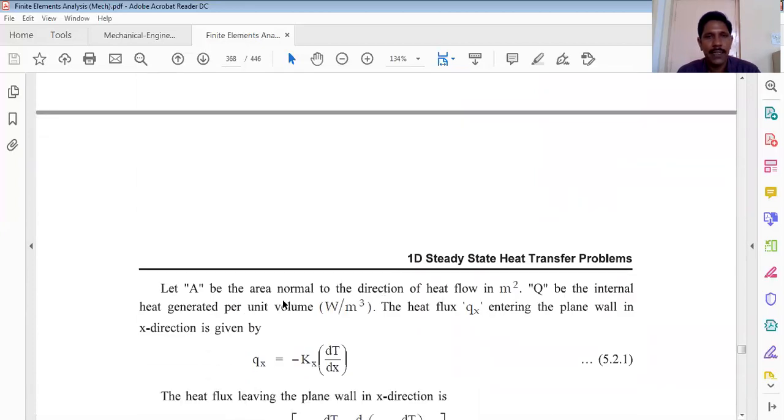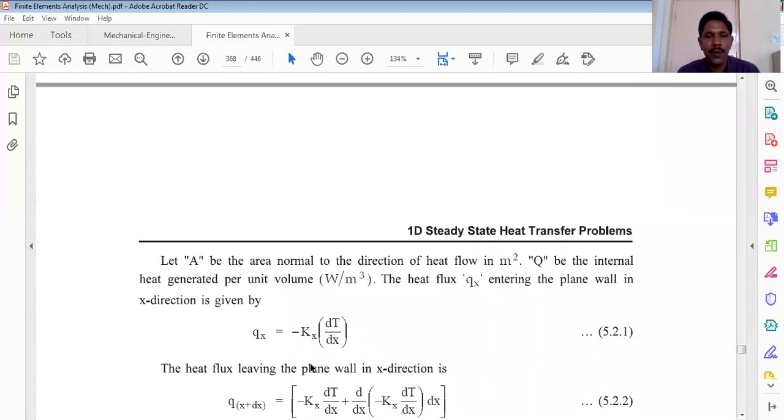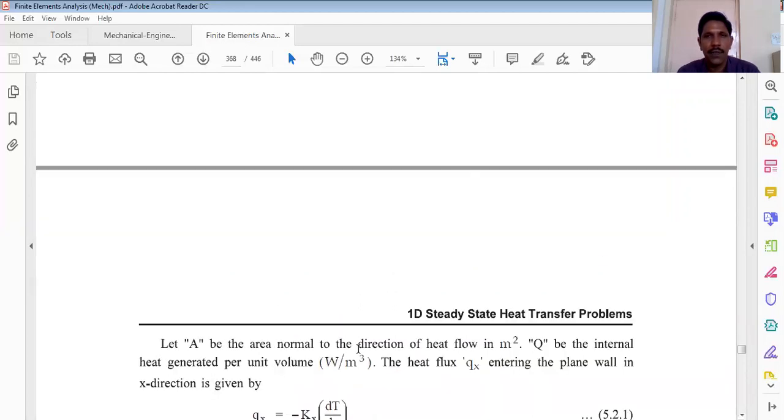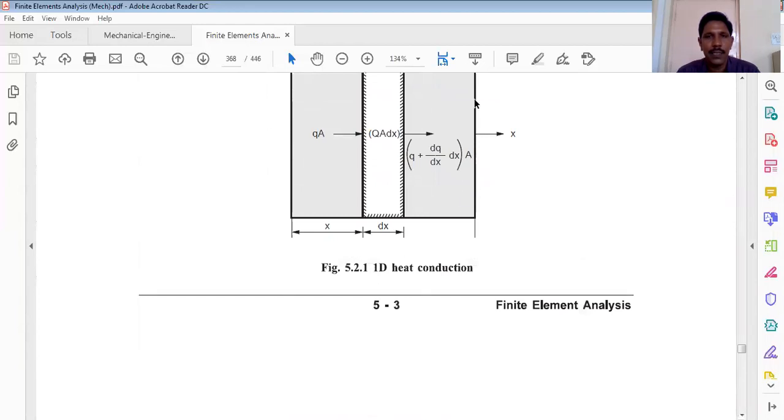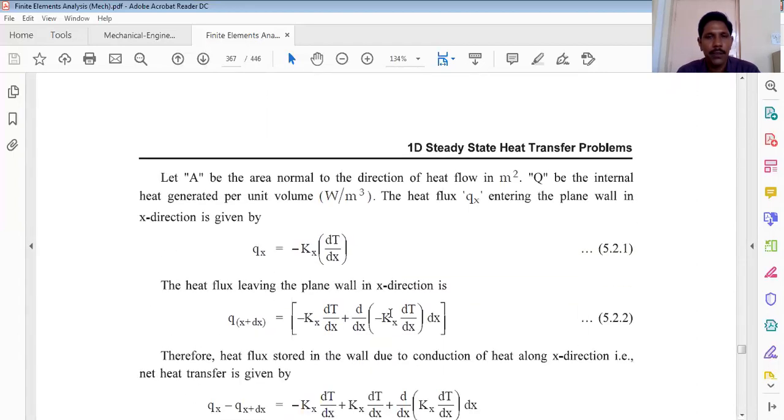So here A is the area normal to the direction of heat flow in meter square. Q is the internal heat generated per unit volume. The heat flux Qx entering the plane wall in x direction is given by Qx is equals to minus Kx dT by dx. This is according to the Fourier law. And after changing a distance of dx, the rate of heat flux is q plus dq by dx into dx into the area.